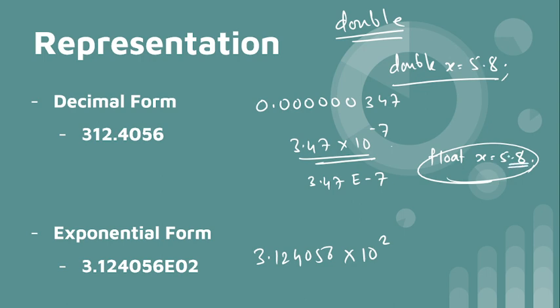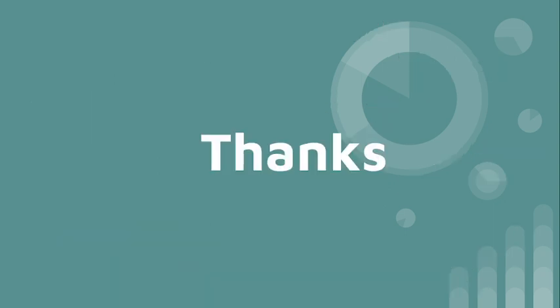Then we have the concept of typecasting, where you can typecast 5.8 to float, and that can be stored. All of this will be covered when we look at typecasting in more detail. Something to take care of is that by default, if you see a fraction, as I said 5.37, whatever, it will be considered as double and not float. Okay, so that's the basic concept of floating point constants.